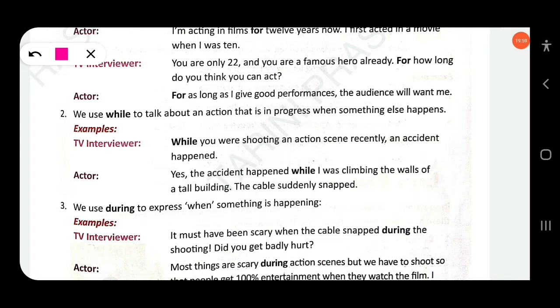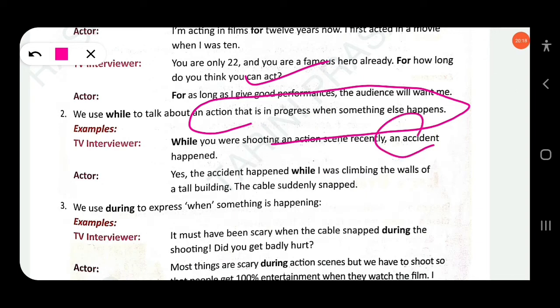Here two actions are happening simultaneously, at the same time. Then, TV interviewer: while you were shooting an action scene recently, an accident happened. That means here one action is in progress. Which action? When you were shooting an action scene, at that time something happened.